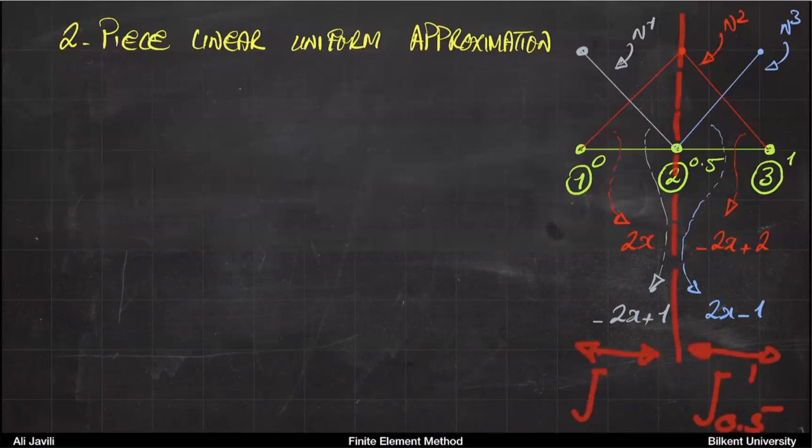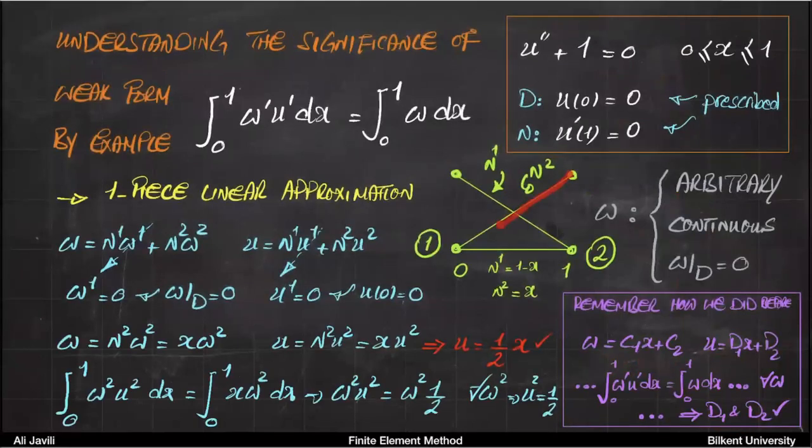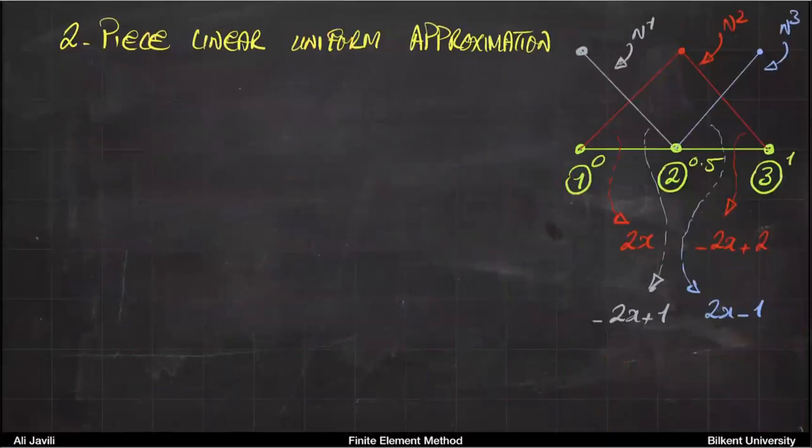This would be integral from 0 to 0.5. Remember, it's a two-piece linear approximation. So you do that split of domain. And anyway, in each domain, it looks like this letter X, right? So you always see this X-like structure, which you saw also here in each piece. So it's not complicated, really.